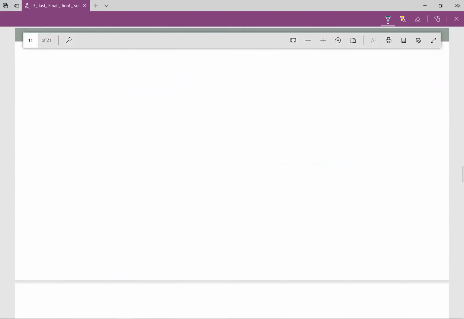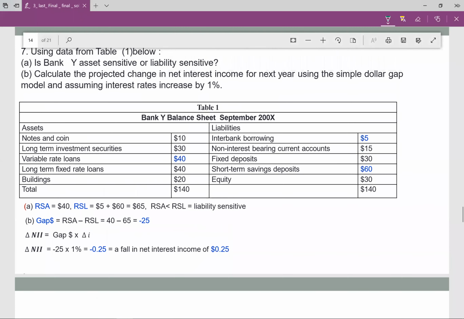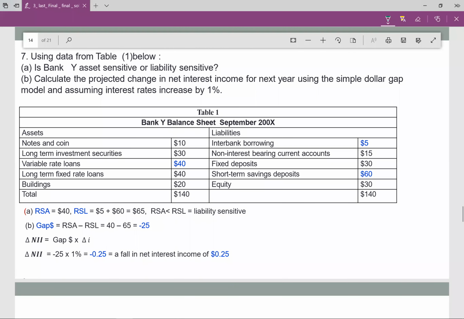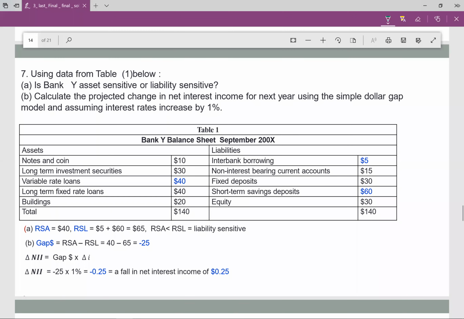Now let me go to here, my friends. I'm sorry I take 14 minutes to explain this, but it's important. Look at this problem. This is a balance sheet, and as you see, this balance sheet is 1 year. Which means now I will have to check each one of those and see which one is variable, which one is floating, which one is short term.